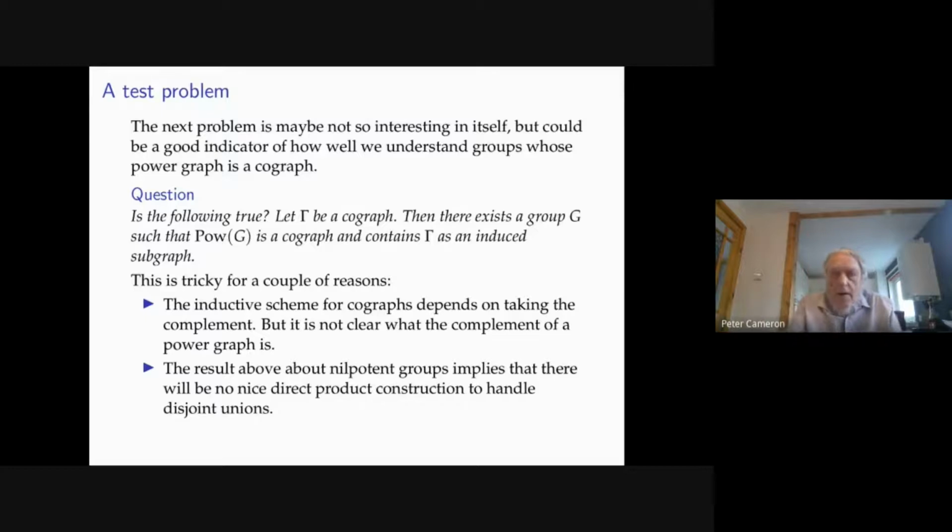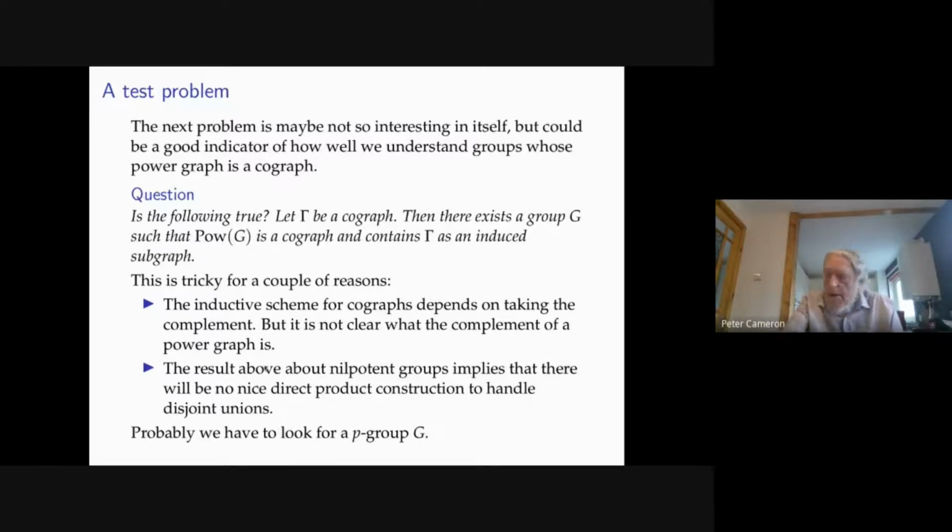So those difficulties suggest that if we're going to solve this problem, we have to look for a group of prime power order. Now, as I said, if you have a group of prime power order, its power graph is certainly a cograph, always. And therefore, that's the best place to look for a solution to this question.